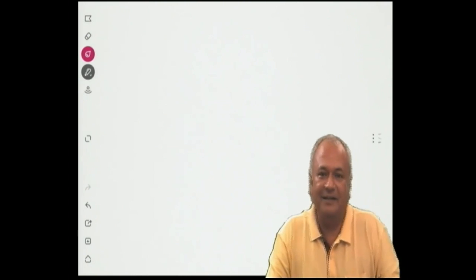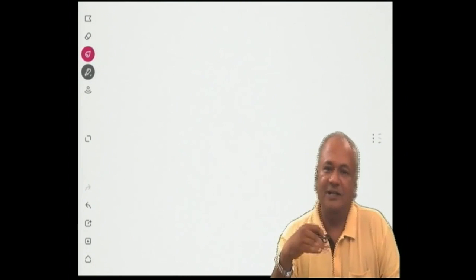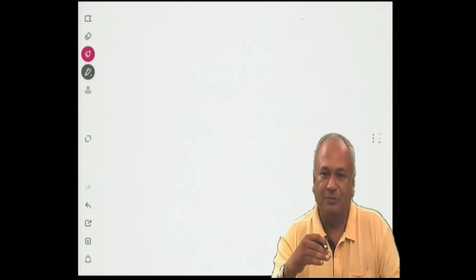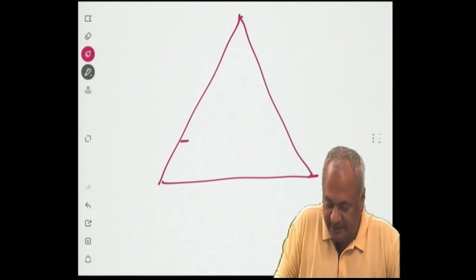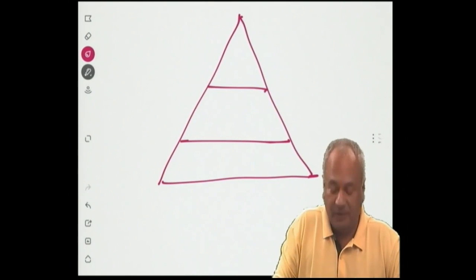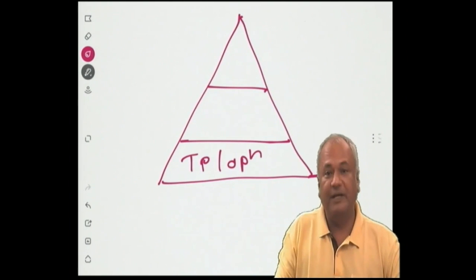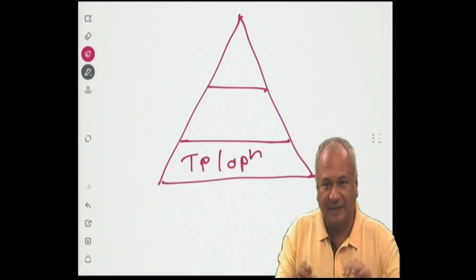You will find that in all resources, MIS or organizational levels are defined as a pyramid. So probably we are looking at a triangle. When we look at this triangle, there are three different levels in the organization. We are looking at the transaction processing or operational level, where we can find the transactions happening.